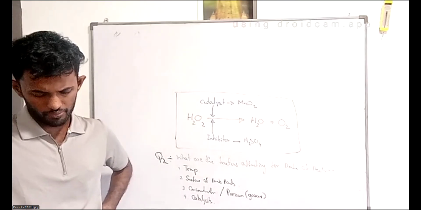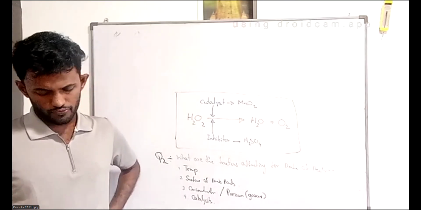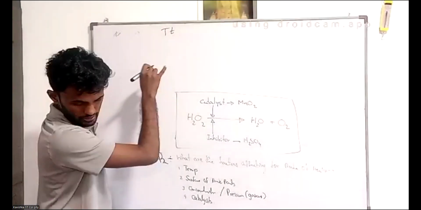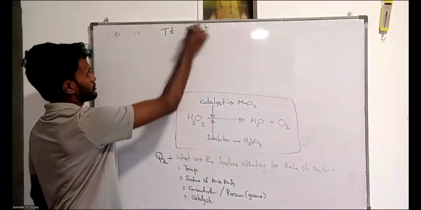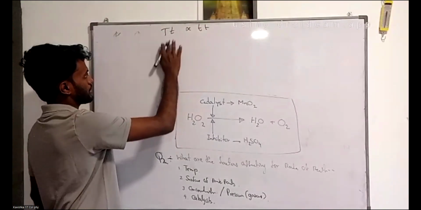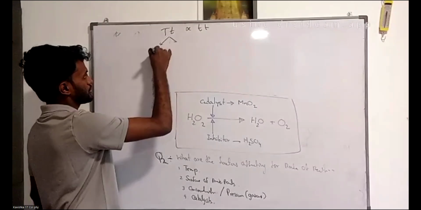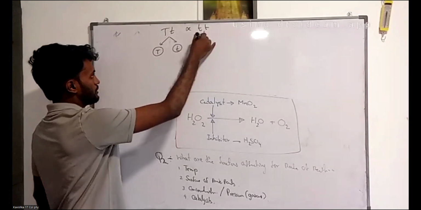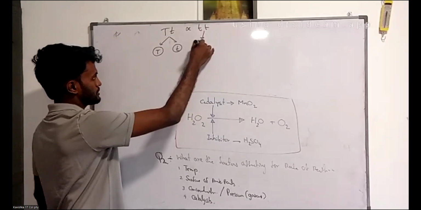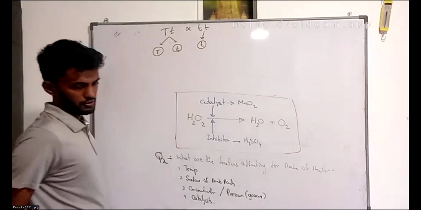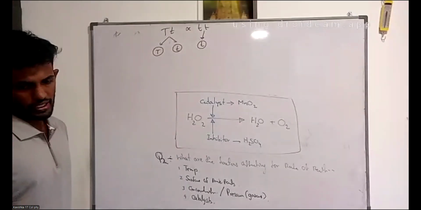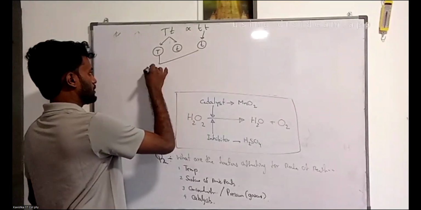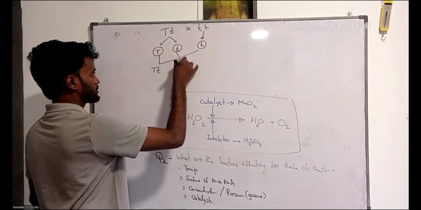When they say genotype ratio 1 to 1, take the first one. Two gametes are formed, capital T and simple T. Here it is homozygous, just simple T. So what are the offspring?